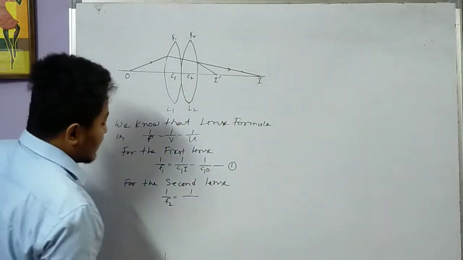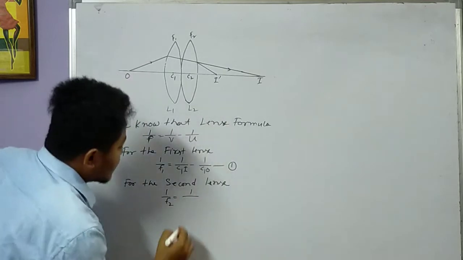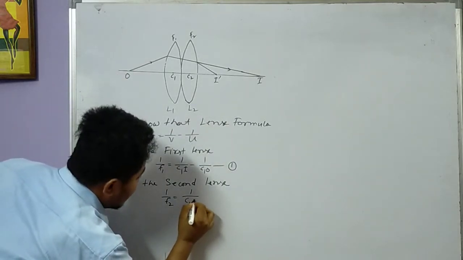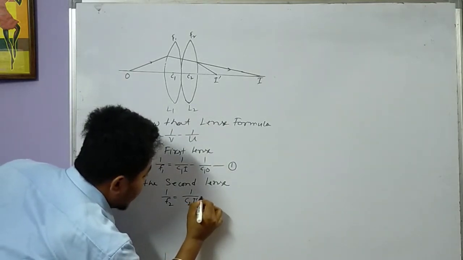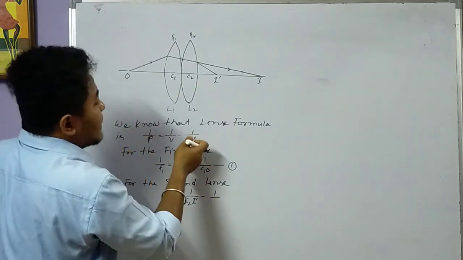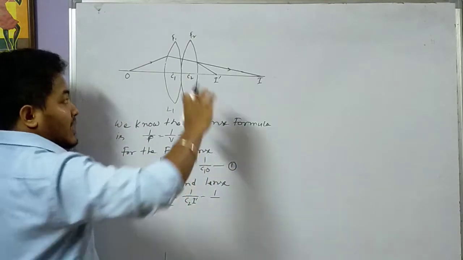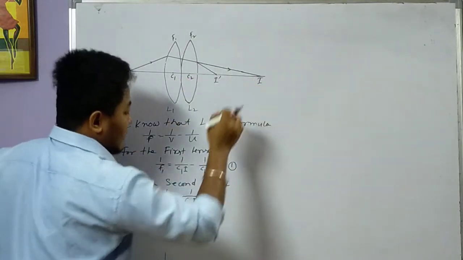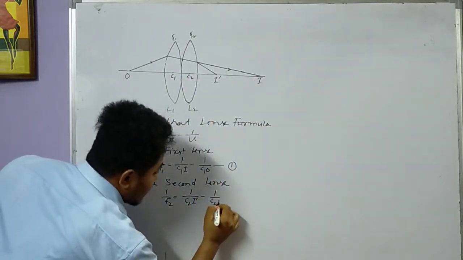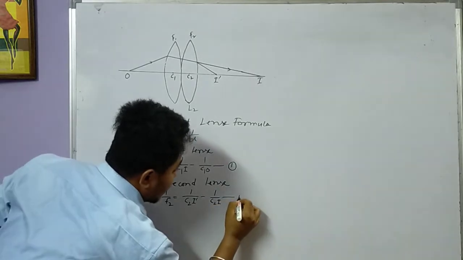So I will write here 1 by C2I dash minus 1 by u. What is 1 by u? That is going to be the object distance for the second lens, that is C2I. That is going to be equation number 2.